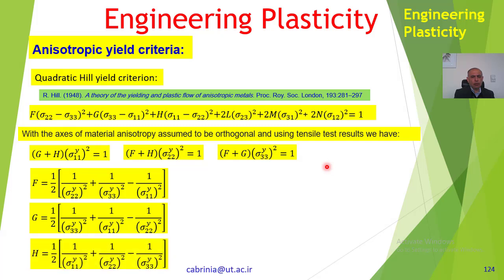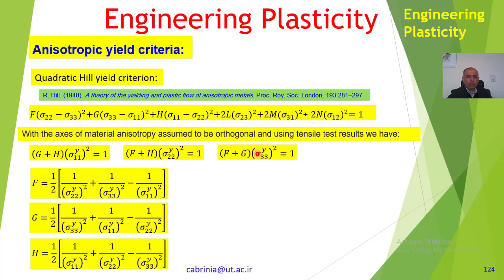Therefore, we have three equations and three unknowns: f, g, h. We could determine f, g, h in this manner. F is equal to half of 1 over sigma 2,2 y squared plus 1 over sigma 3,3 y squared minus 1 over sigma 1,1 y squared, due to this equation.